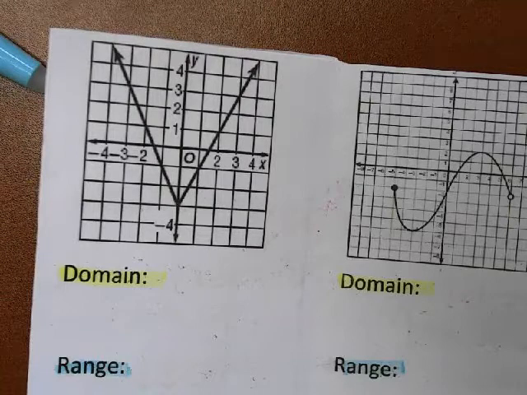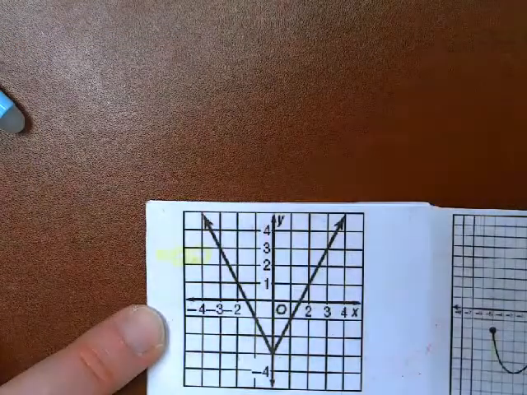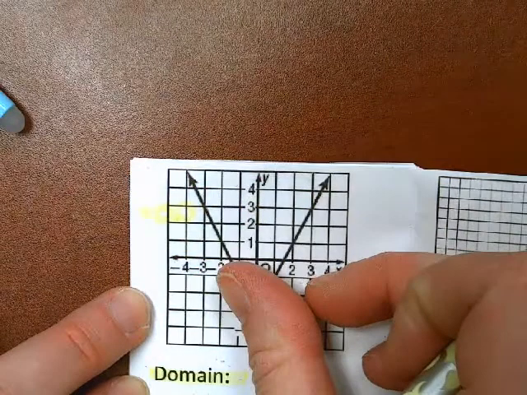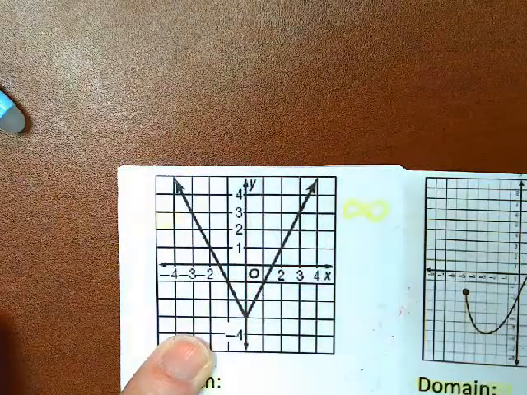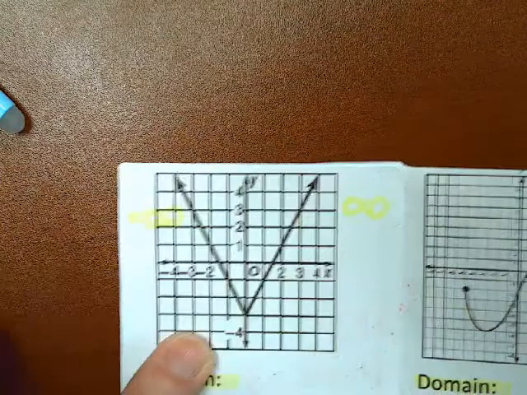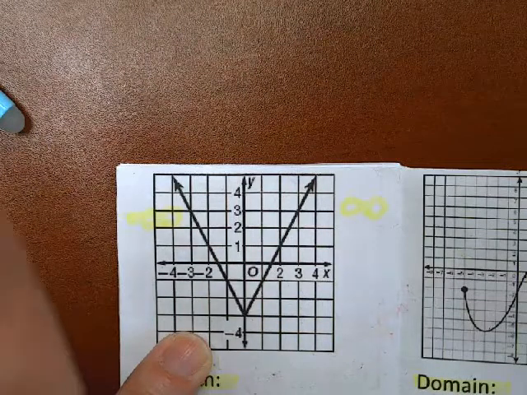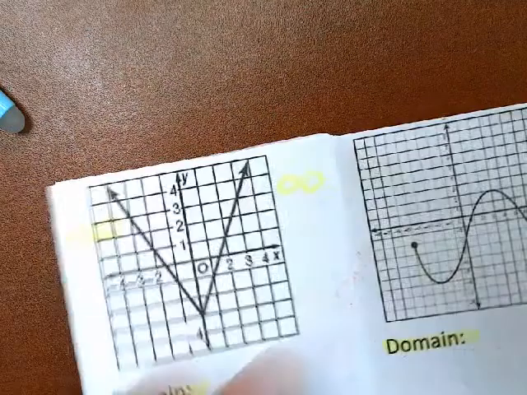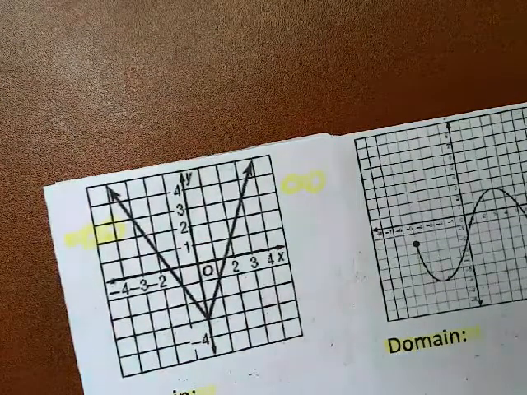So what is my smallest x value? Negative infinity. It's hard. Yeah, and it never stops. It keeps going to positive infinity. Negative and positive infinity. Okay? Because it just keeps going.